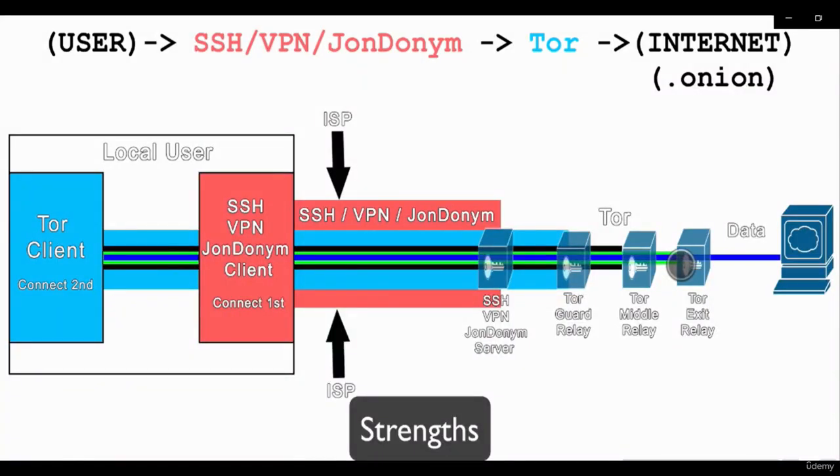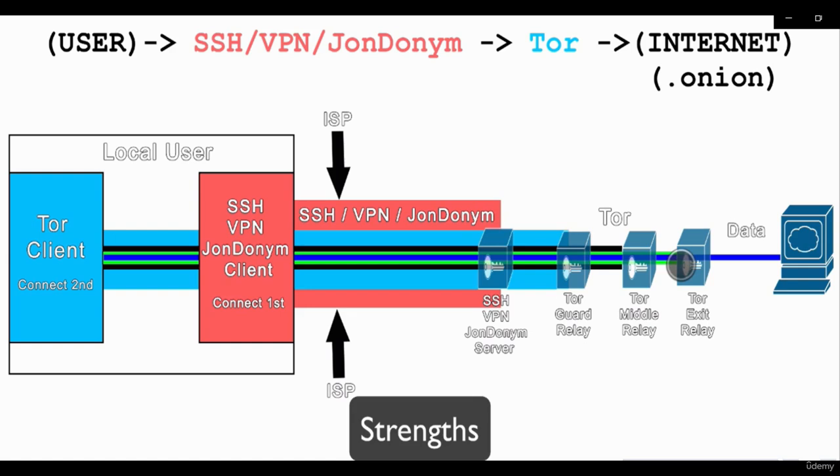So this is how an ISP helps a local user, through VPN, to gain data using Tor through the SSH VPN John Doe server, or Tor guard relay, Tor middle relay, and Tor exit relay.